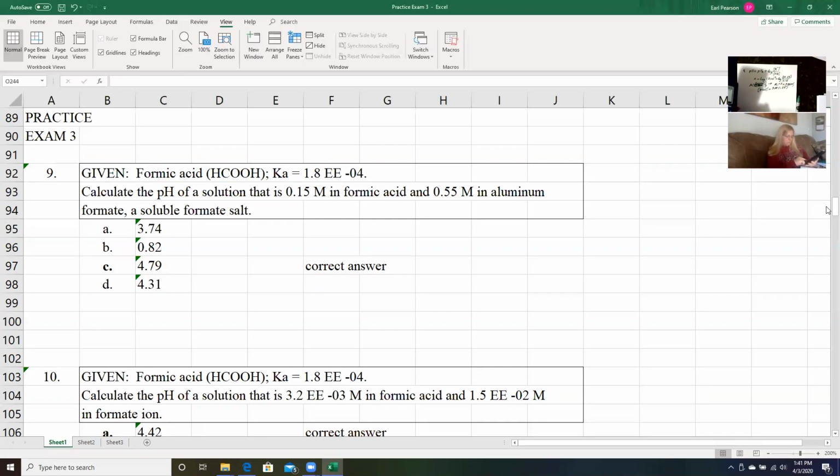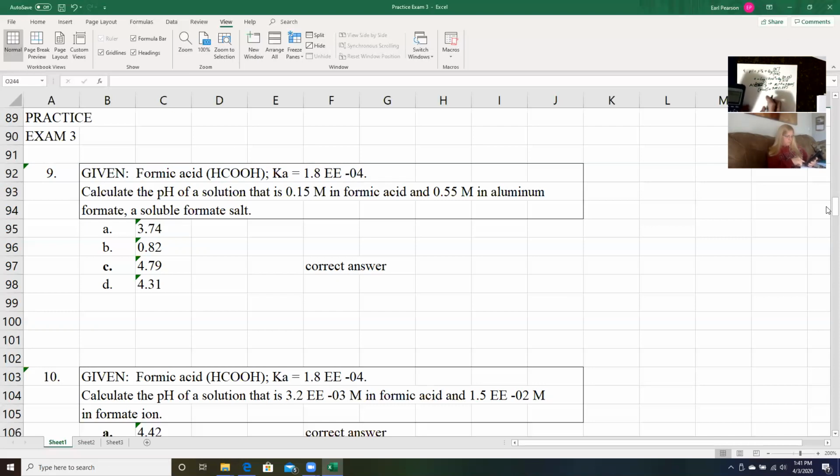So I'm going to do 3 times 0.55 divided by 0.15 and close my parenthesis. So my screen is reading minus log of 1.8 times 10 to the negative 4 plus the log of 3 times 0.55 divided by 0.15, and I've closed the parenthesis around that. So that should be correct.